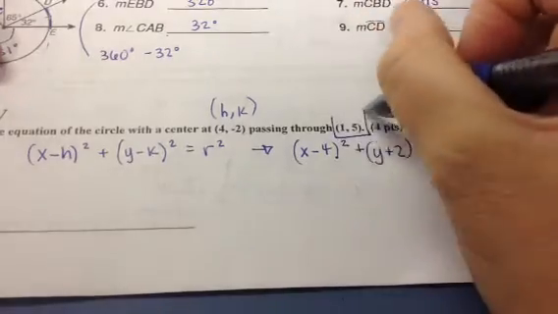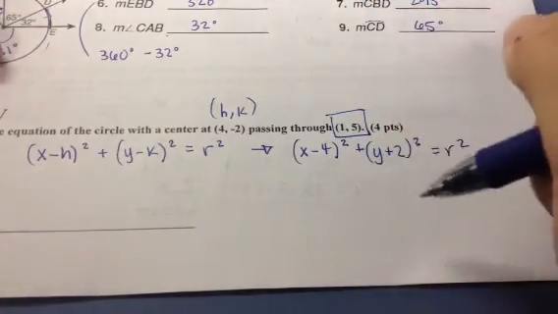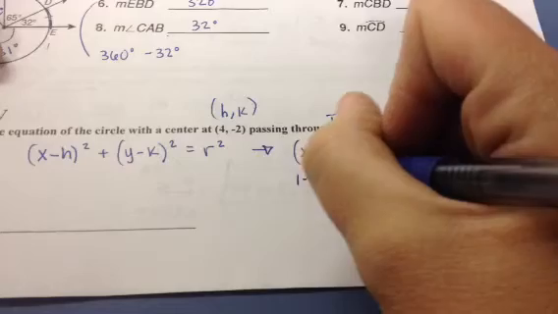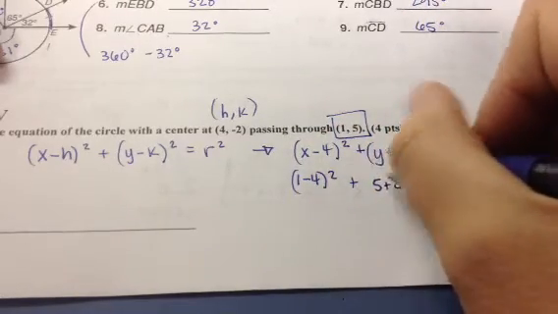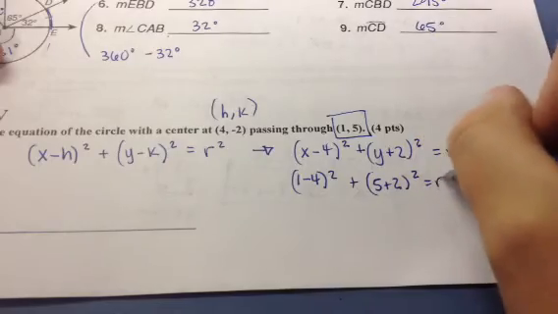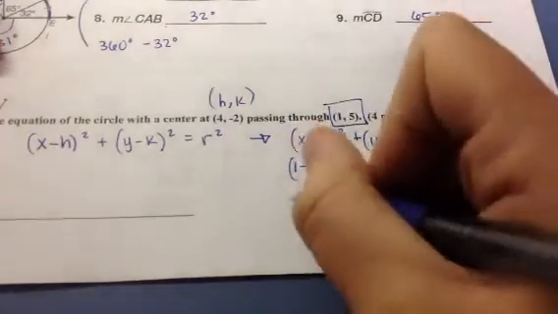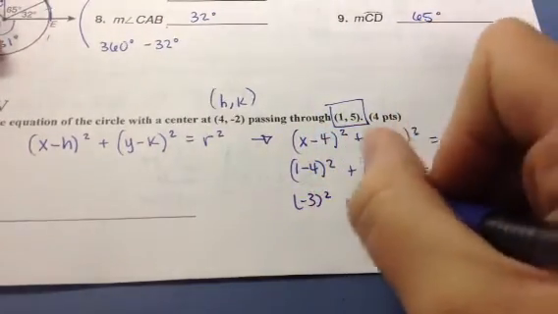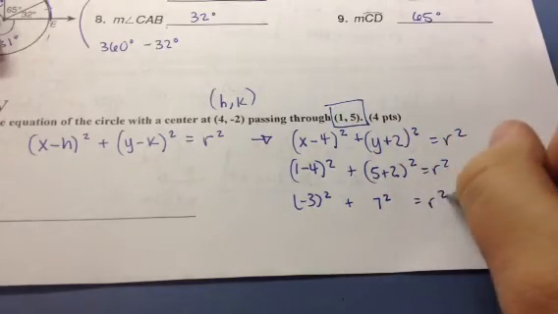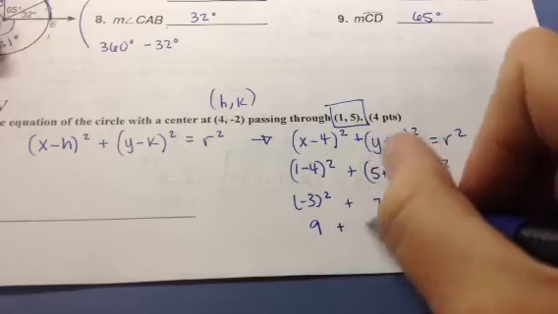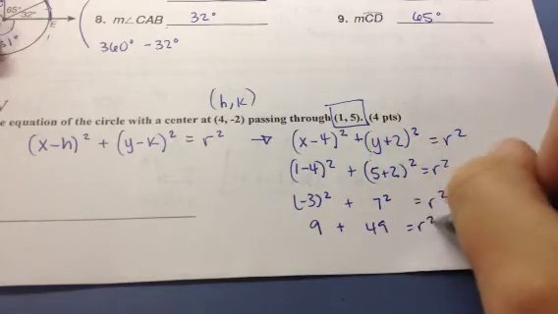And in fact, we already know that that's going to be part of our answer. Then we could plug in this point for x and y. So I could do (1 minus 4) squared plus (5 plus 2) squared equals r squared. That becomes (-3) squared plus 7 squared, and that becomes 9 plus 49.